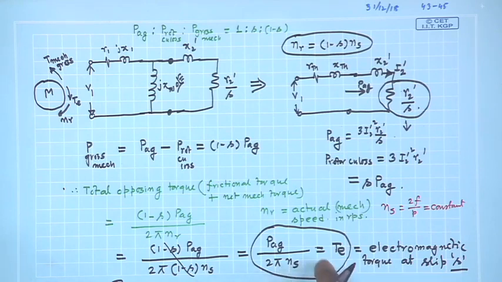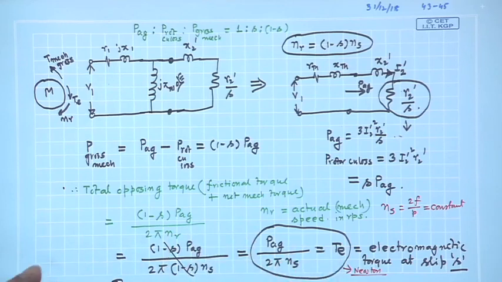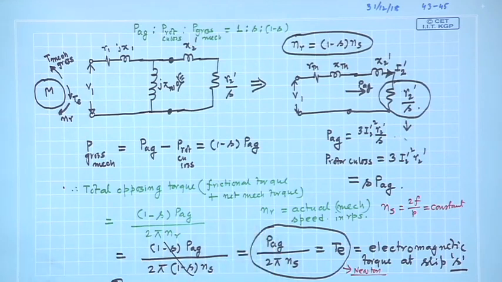Therefore, the electromagnetic torque developed by the machine, if you divide the air gap power by 2 pi ns, its unit will be in Newton, so much Newton, if this is in watt and this is in RPS. Now, note that to calculate the electromagnetic torque, if you have estimated the air gap power, that itself is a measure of electromagnetic torque developed by the machine.